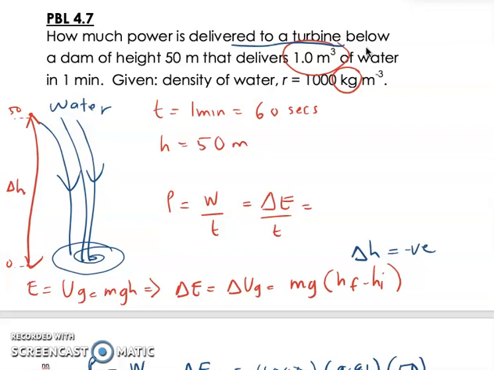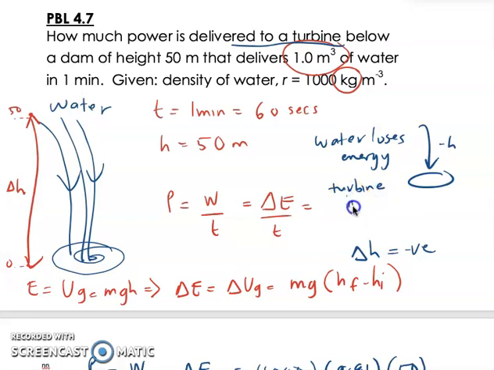It's asking what is the power transferred from the water to the turbine, which means that the turbine is increasing in energy, right? So water loses energy when it falls down because it's losing h. But that is taken by the turbine, and the turbine increases in energy.